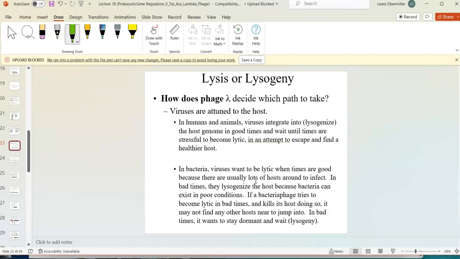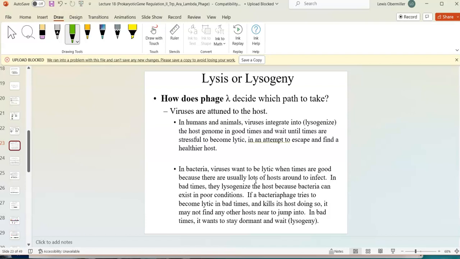When times are good, they're going to make as many viruses as they can, because bacteria only divide when there's lots of nutrients. So if there are lots of cells next to them, it means good times because the bacteria are dividing. And so in good times, they're going to want to go lytic.